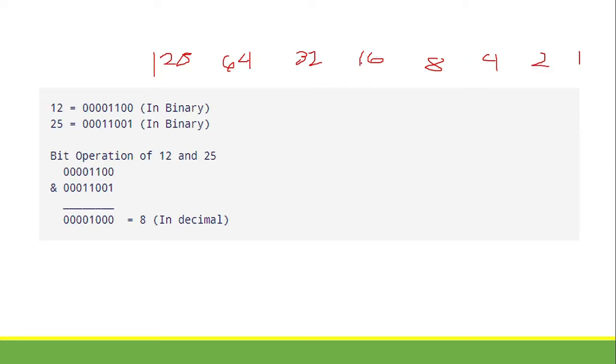So, binary ni 12, hanapin natin yung pinakamalapit na number kay 12, si 8. So, 12 minus 8 is equal to 4. So, hanapin natin yung pinakamalapit kay 4. Siyempre, itong si 4. And then, the remaining bits is 0 dahil 4 minus 4 is equal to 0. Okay, to check, 8 plus 4 is equal to 12. So, that is the binary for 12.